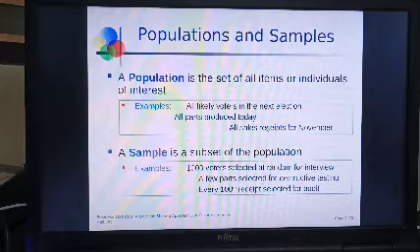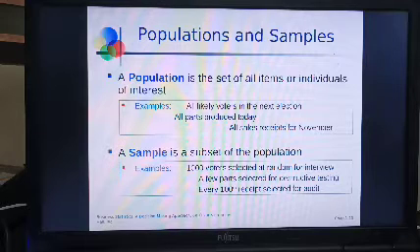Or you could also say all sales receipts for an entire year. So that encompasses all items or individuals of interest.